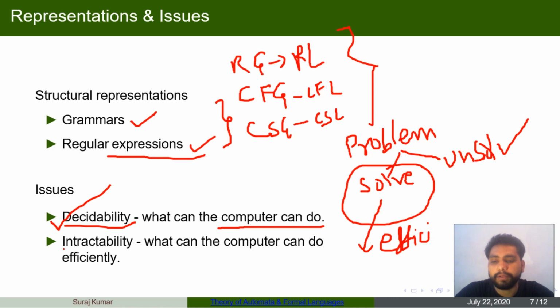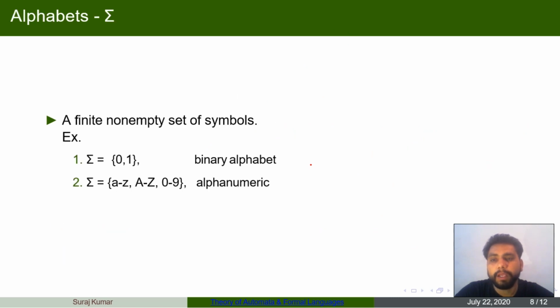So the problem should be decidable and tractable, so that the work can be done in an efficient manner.